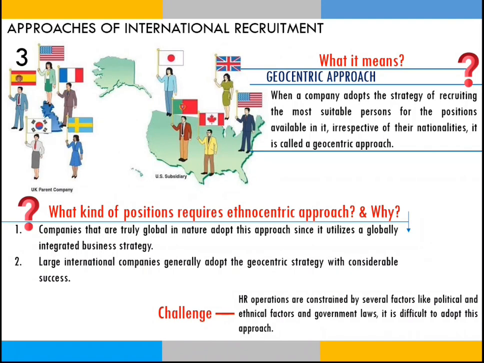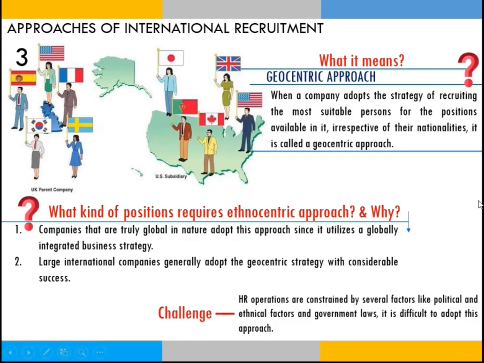So that's also a challenge, because there is probably no country in the world which does not have some kind of contradiction or conflict with any other country. Most countries have one or the other country with whom they don't have cordial relationships. So obviously, implementing this approach would be quite a challenging task for HRs, right?